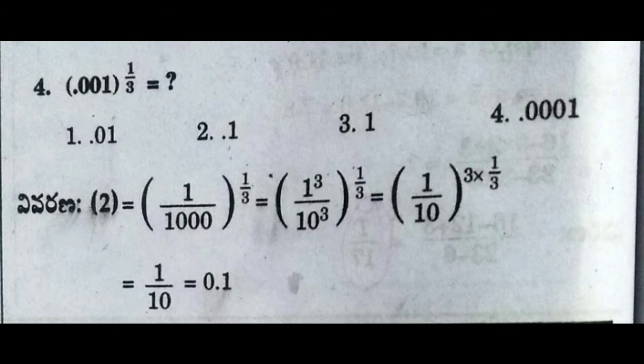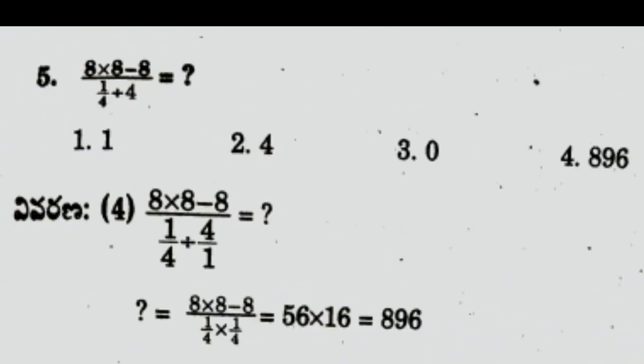So we have to change this value into a fraction, 1 by 1000, power of 1 by 3. So 1 by 1000 is 1 cube by 10 cube. So 1 by 10, into 3 into 1 by 3. The answer is 0.1.